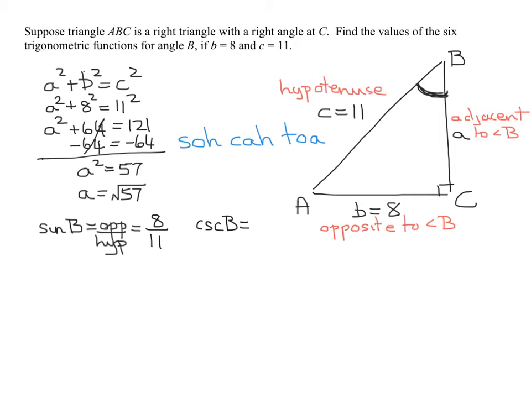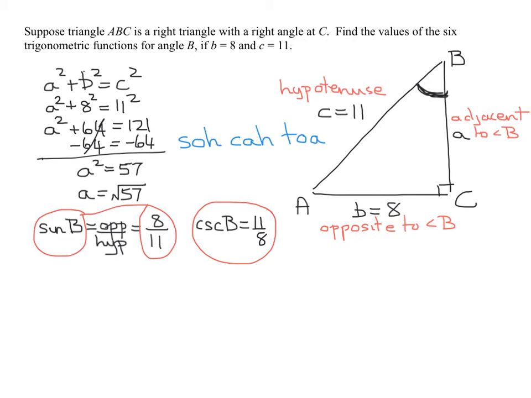The cosecant function is just the reciprocal of this. How do you take the reciprocal of a fraction? You just flip it upside down. So now I know that the sine of angle B is 8/11 and the cosecant of B is 11/8.